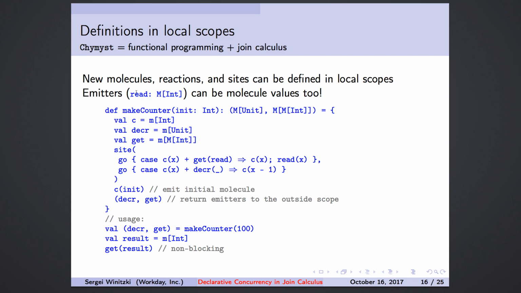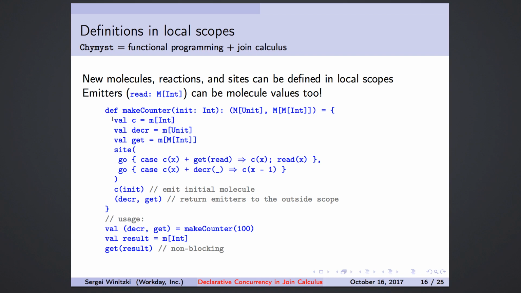So this M is a type constructor for molecules, and the read that I'm defining here, see, this read is the argument, it is the value on the molecule get. So the molecule get is a value whose type is a molecule emitter. I can do that.